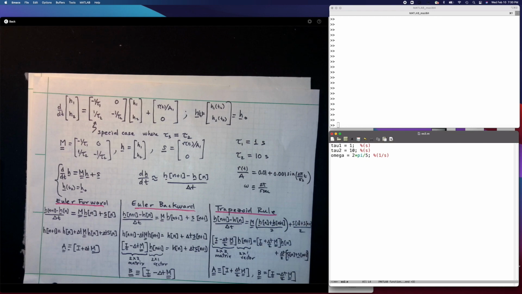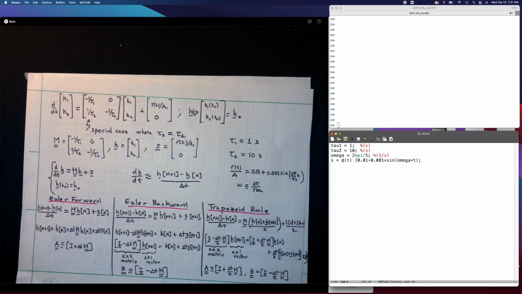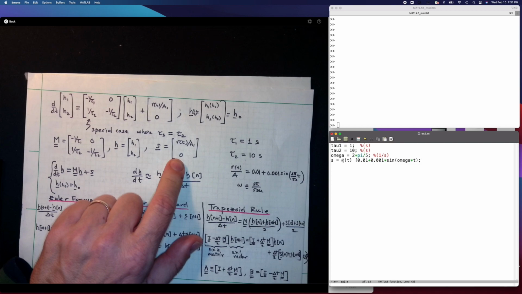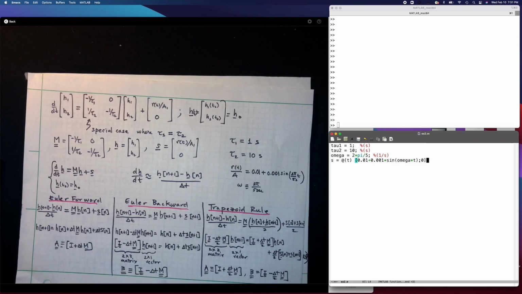And then I can define my source function, S, as a function of time, and it is a vector with 0.01 plus 0.001 times sine omega times t. Yep, that would be the source function, and the direct source into the second tank was just 0. So all the flow came into the top tank.